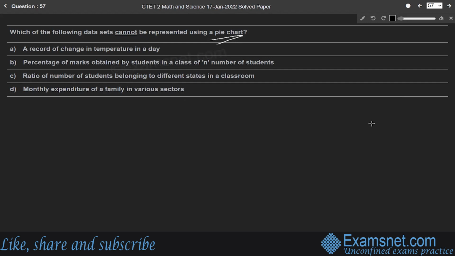Here, a pie chart is a pictorial representation of data in a form of a circular chart or pie, where a circle represents the whole data and each division of the data is shown by a sector.